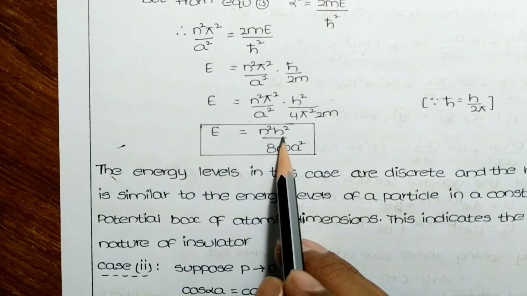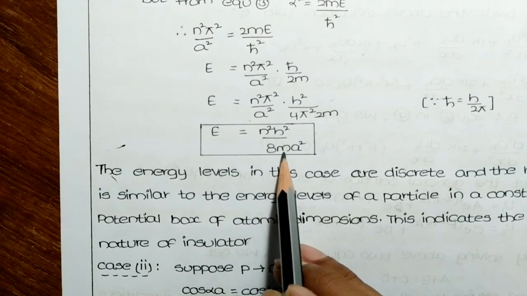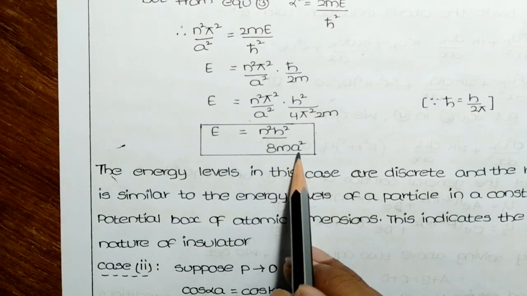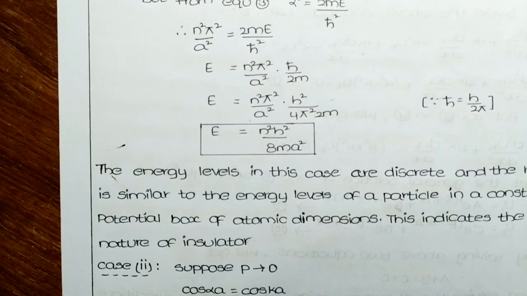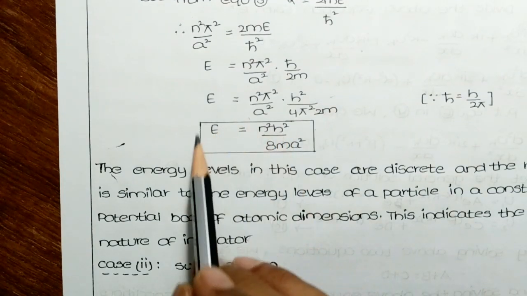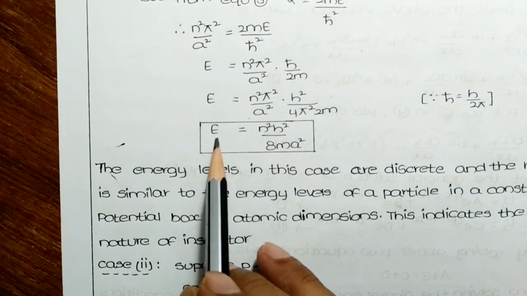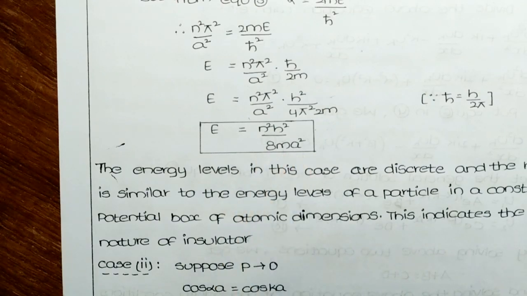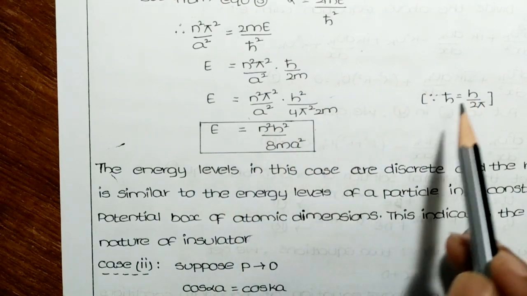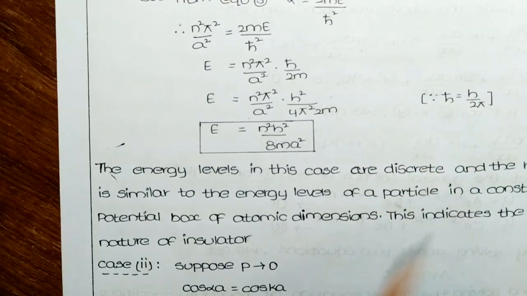h means Planck's constant, m means mass of the electron, a means the interatomic distance, or the distance between two lattice points. This equation is similar to the energy levels of the potential well. We know h by 2 pi can be written as h cross.